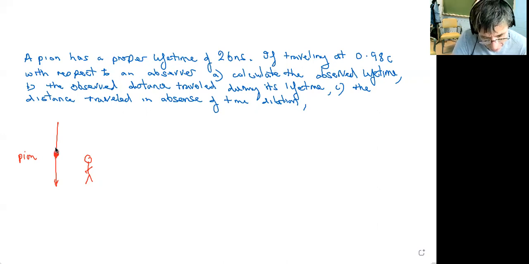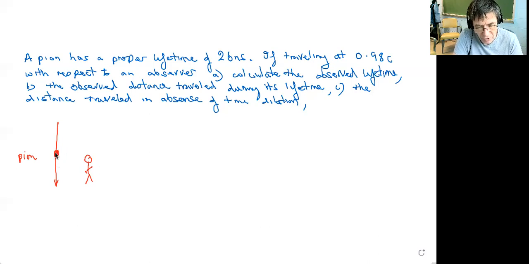There's a little sketch over here on the left-hand side to go with the problem. Here in red is the pion with its proper lifetime of 26 nanoseconds. Here's an observer watching the pion as it travels by, and this observer sees a moving pion, kind of equivalent to a moving clock.